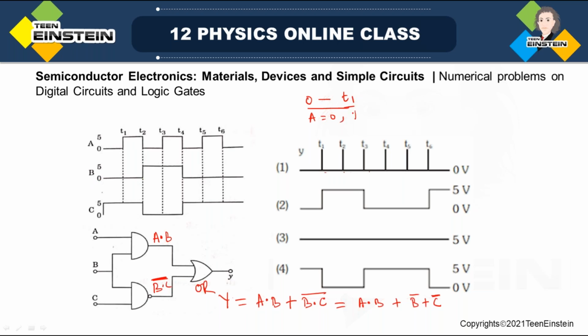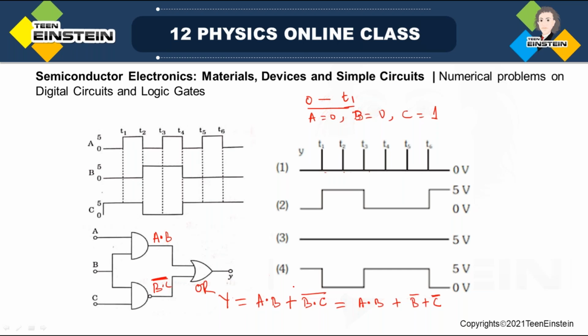What is C? C is at high level up to T2. So in the 0 to T1 interval, A and B are 0 and C is at high level. I'm taking this high level as 1.